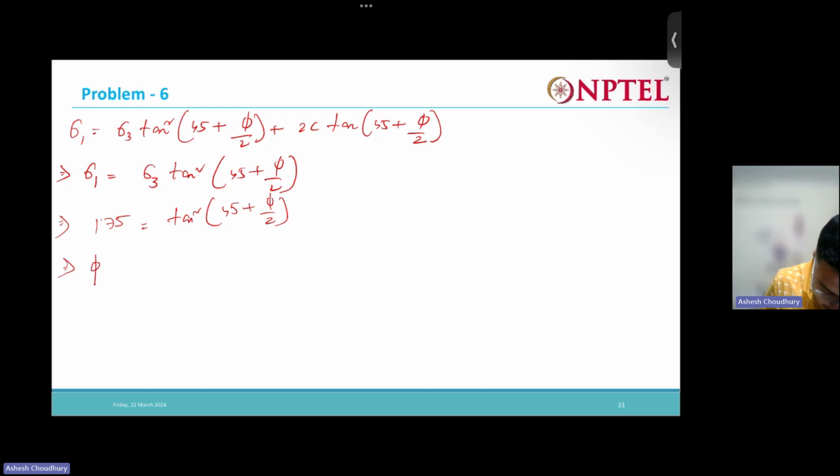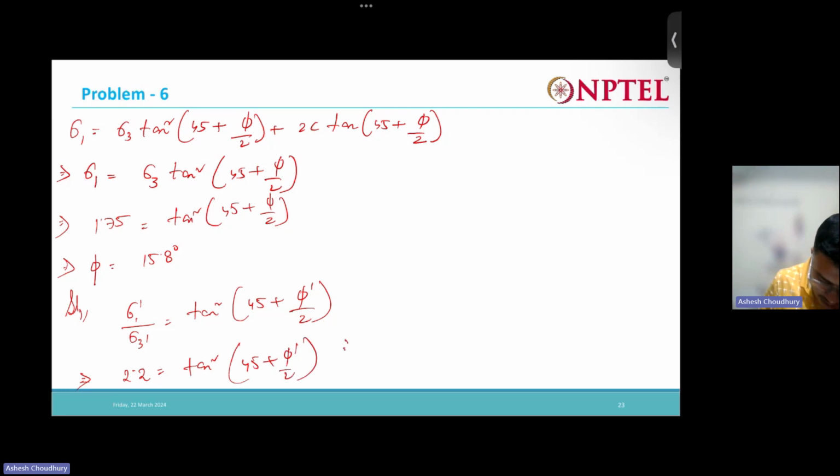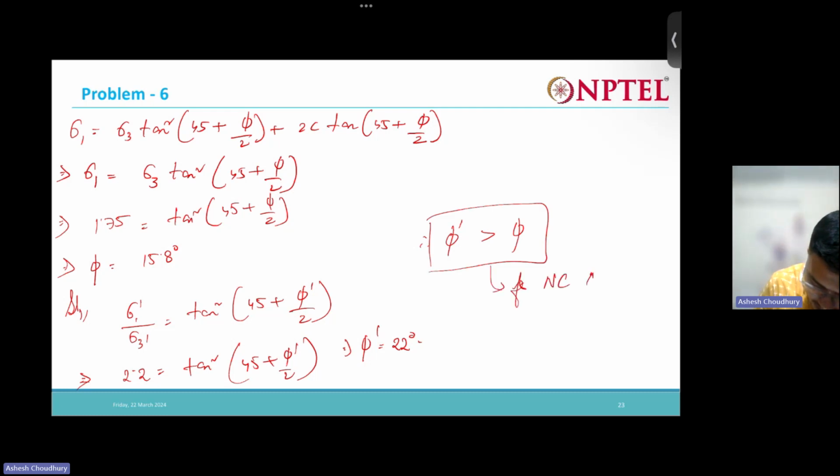From here you can get y is equal to, now similarly, therefore yes, what you can see the sigma for NC.